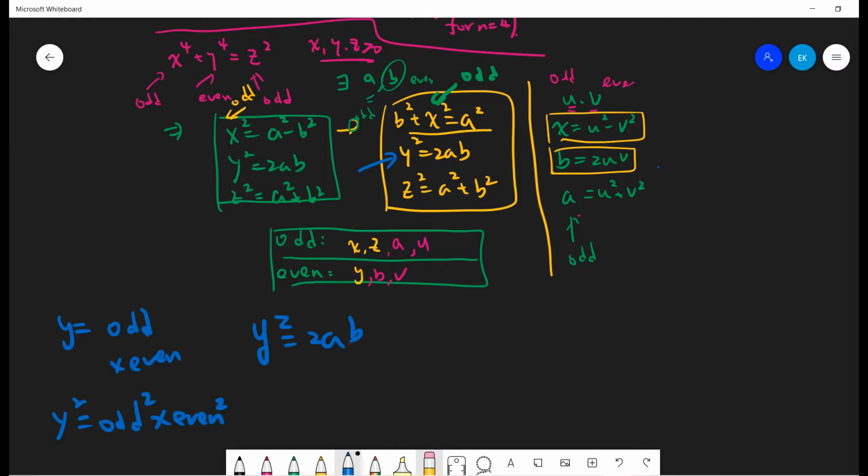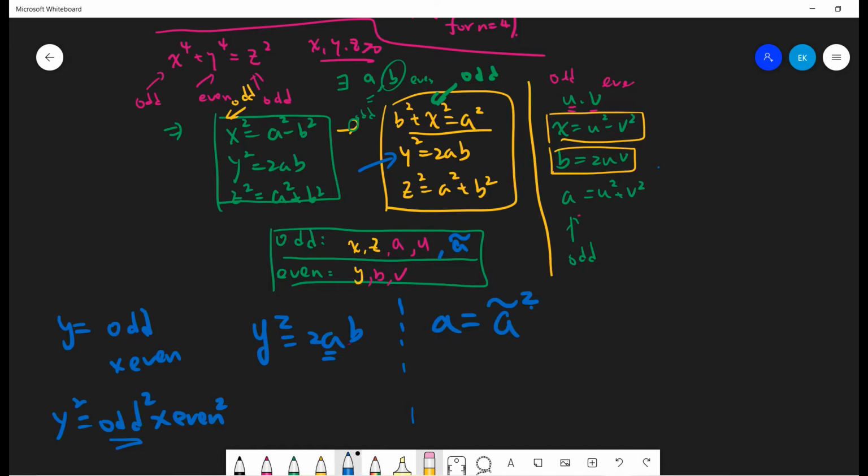So from this you know that a is odd, so a should eat all the odd part. So a should be written as a tilde squared, which is some odd number, and then b should eat all the rest of the even part.